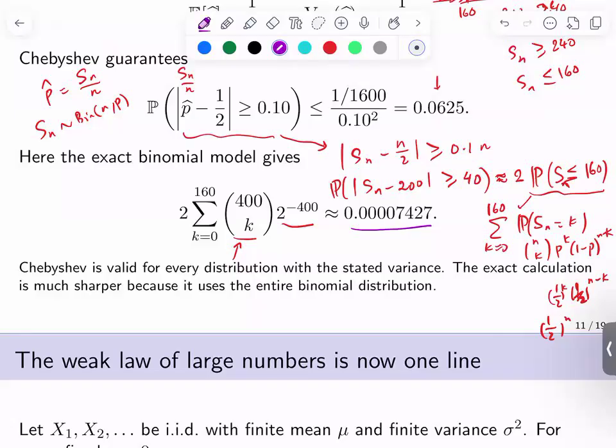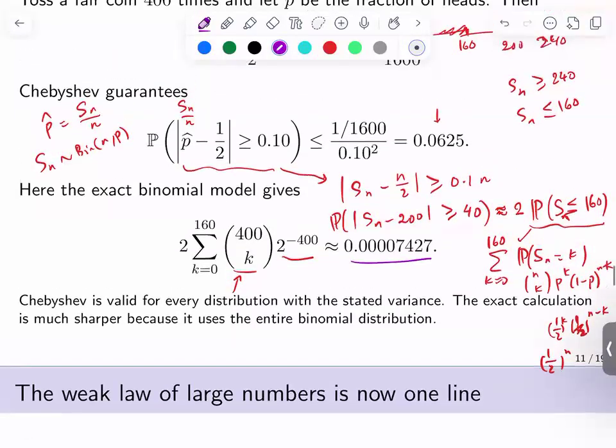And in fact, there is a result that the concentration would be exponential. It's not really going down like this, but like e to the negative some constant times epsilon squared, rather than polynomial. CLT is going to be suggestive of this, but in a higher course, you can actually prove a much better bound.